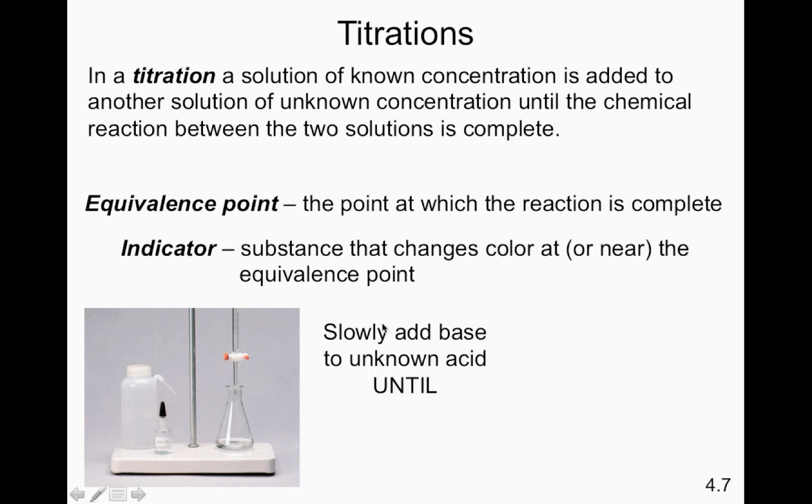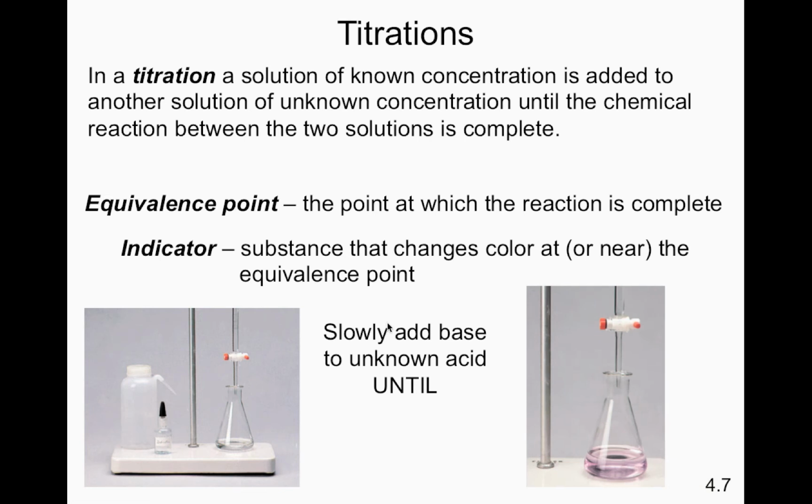We slowly add the base until we get a color change. The indicator we're using is a dye called phenolphthalein, which is clear in an acid, but a little bit maroon in the base. Once that color is produced and stays, then we stop adding the base.